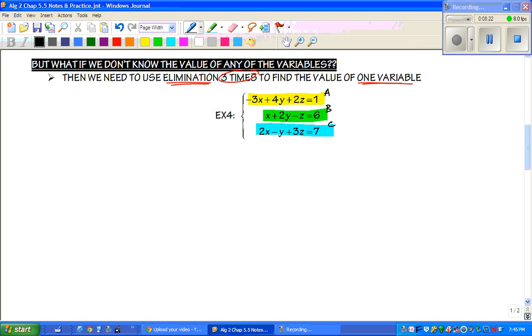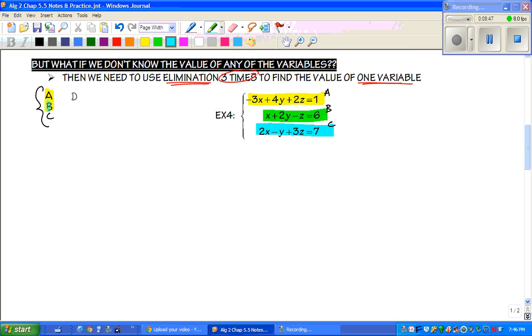Okay, so here's what the deal is. We've got A, B, and C. We're going to do elimination of A and B, and we're going to get a new equation right there, but one of the variables is going to be gone.